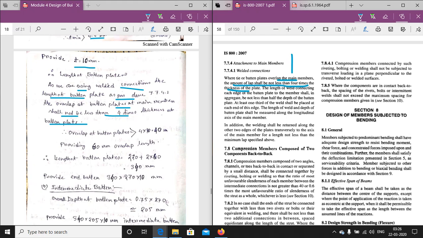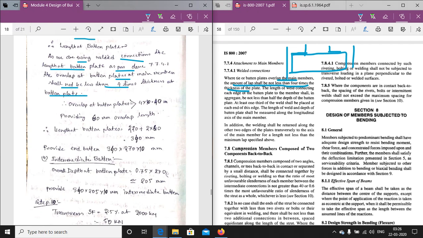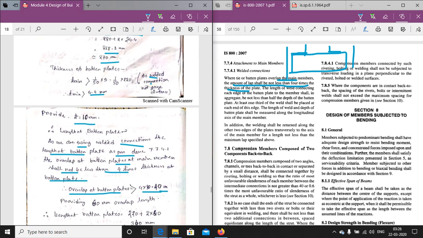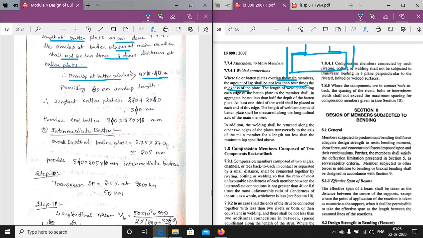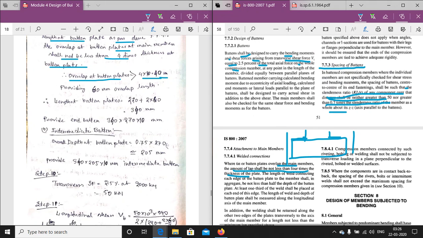That means if this is the batten plate, this is the overlap, and the length of the overlap should not be less than 4 times the thickness of the plate. So 4 into 10 is equal to 40 mm, because 10 is the thickness. So the length of the batten plate will be the overlap on each side plus S dash.